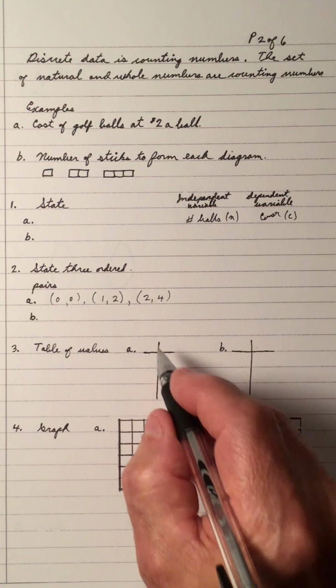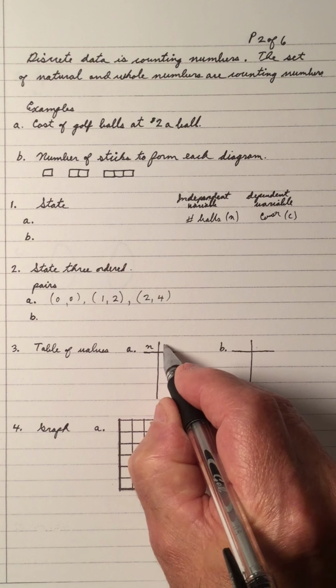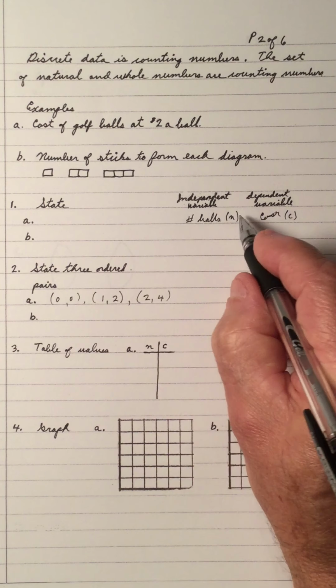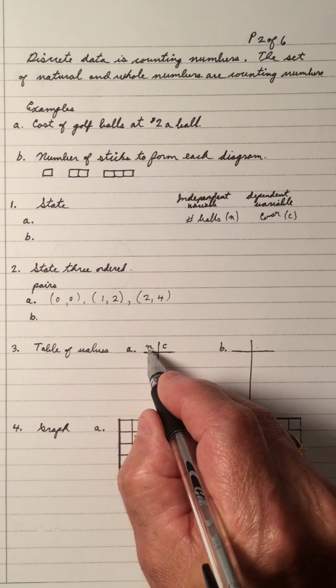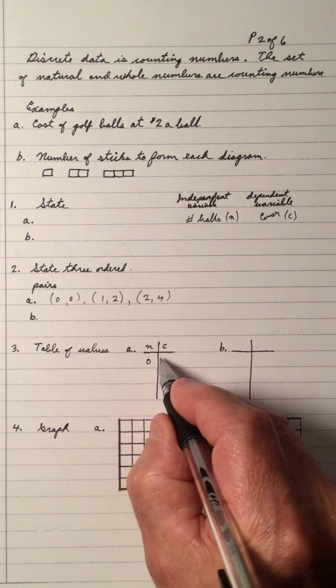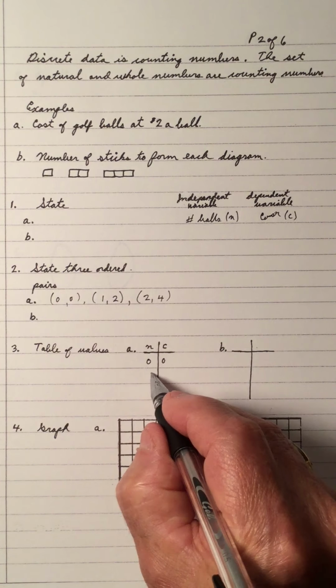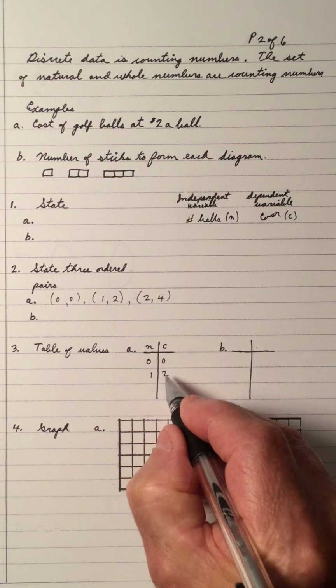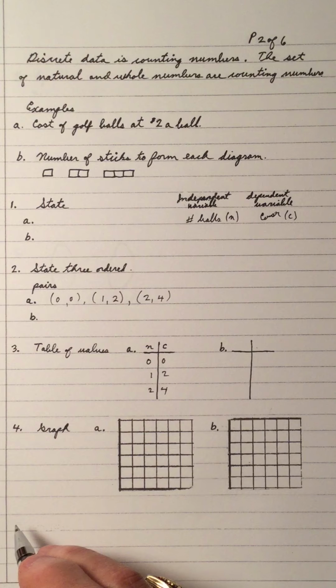Okay, let's continue. N is the number of balls, and C is the cost, because those are the variables they're going to use, N for number and C for cost. Then my table of values will have N and C. So that would be 0 balls, $0, 1 ball, $2, and if you got 2 balls, you're going to pay $4.